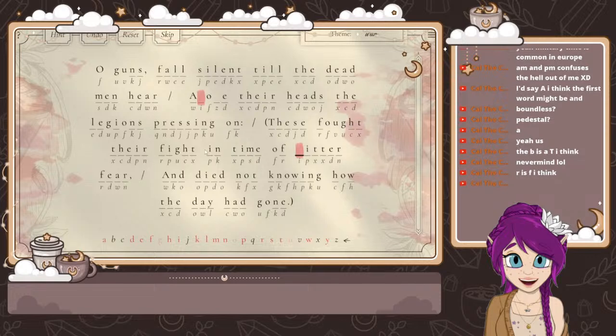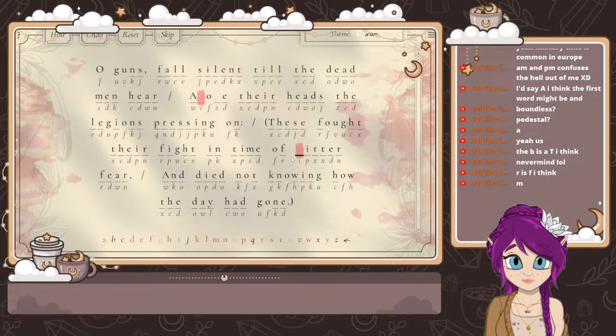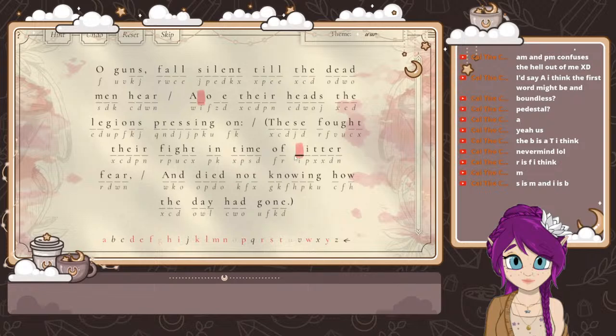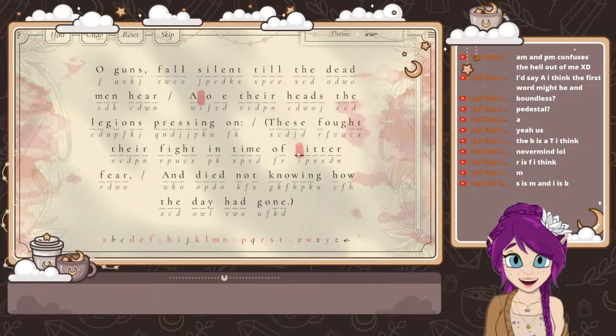Pressing on, these fought their fight in the times of quieter fear? No. Quitter fear. No. Bitter? Bitter fear? Bitter.